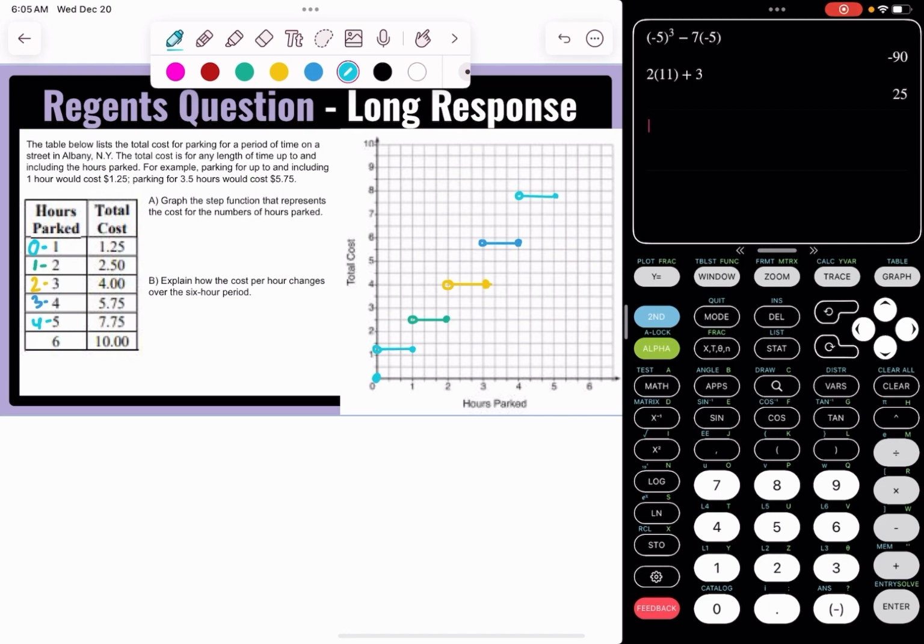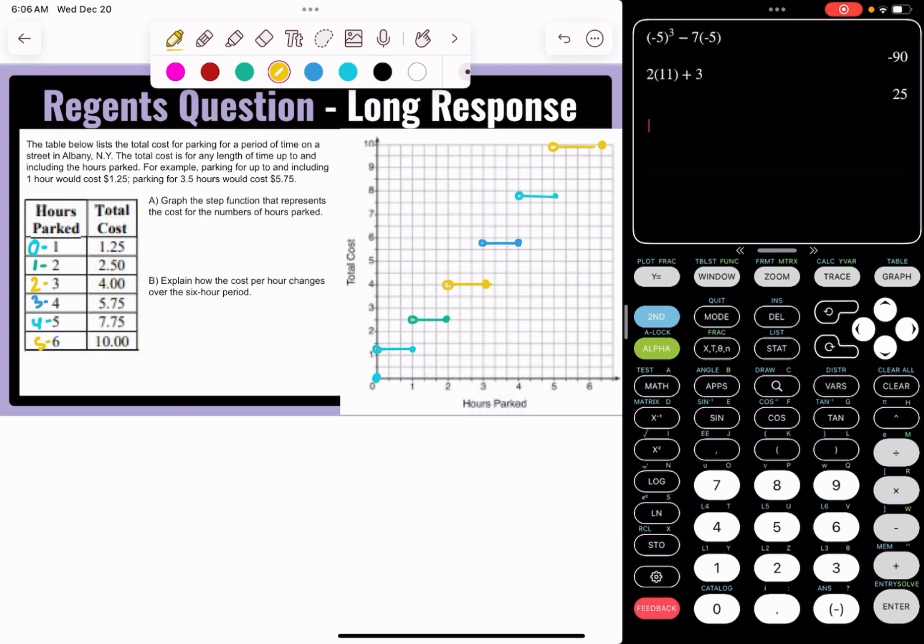And then lastly, from 5 hours to 6 hours, you are paying $10. At 5 hours, you're paying $7.75, so that's why there's a closed circle there. But then a little bit over 5, you're paying $10, which is why we put an open circle there. And then at 6 hours, you're definitely paying $10, so that's a closed circle.